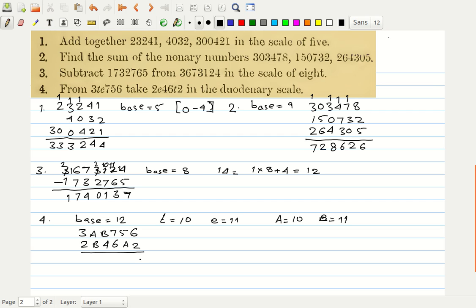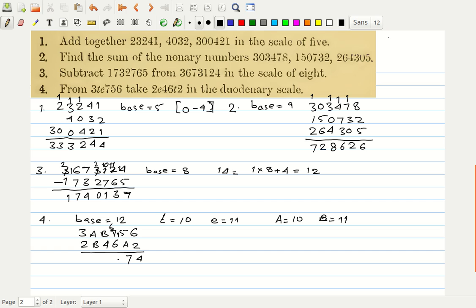Now 6 minus 2 is simple, this is 4. Now this is 5 and this is 10, right? So we need to carry over, so this becomes 6 and this becomes 1 5. 12 plus 5 is 17. Now 17 minus 10, 17 minus 10 is equal to 7.